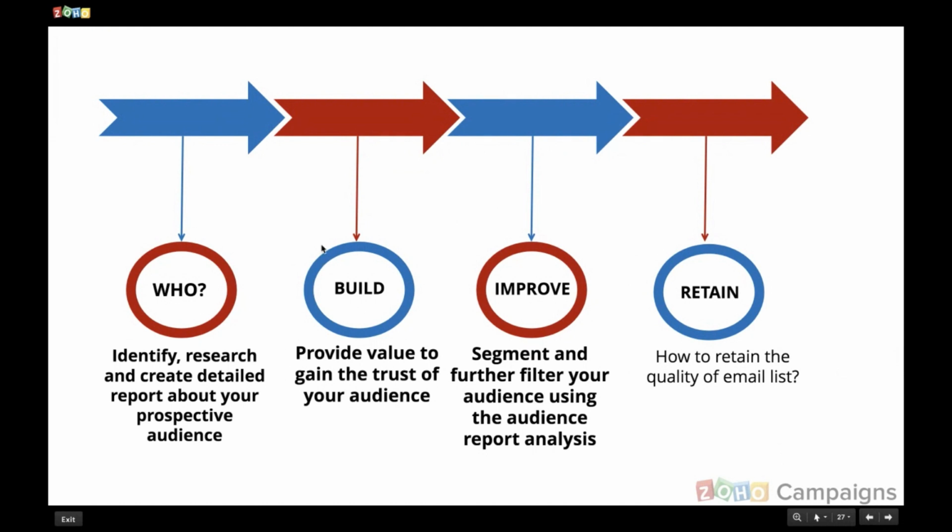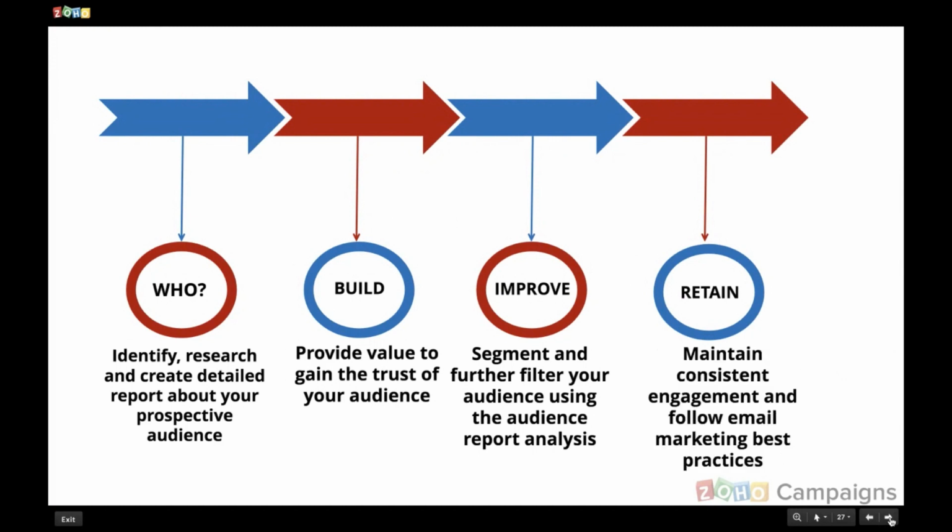Only when you build and improve your email list will you reach the next step, which is retaining your quality email list. Only when you build the quality email list, you'll be able to go to the next step, which is retaining. The quality of your email list can be maintained by having consistent communication and following some of the email marketing best practices.